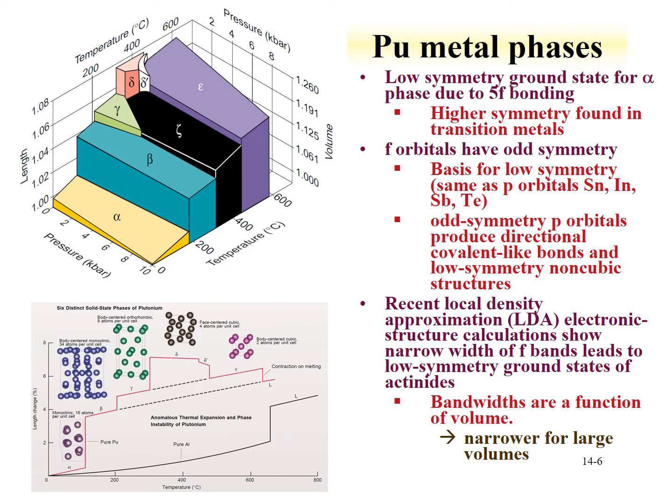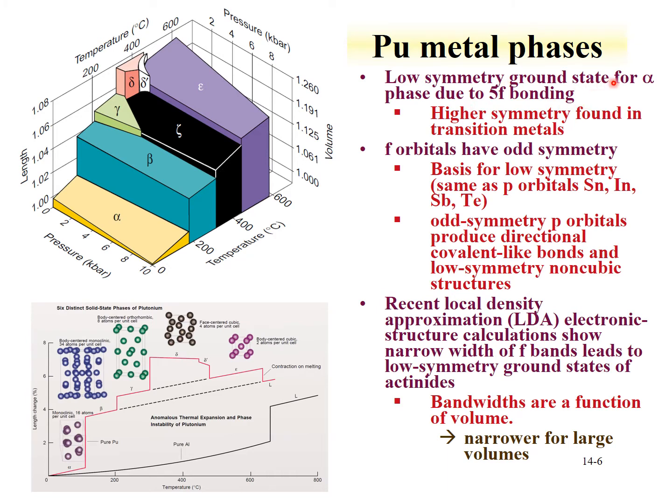This interesting property of plutonium, where you have the different phases, is also manifest at higher pressure. So in this figure, as we increase the pressure, this phase, which isn't present at regular atmospheric pressure, can be formed. And these different phases are really due to the behavior of the 5f electrons in the plutonium metal.